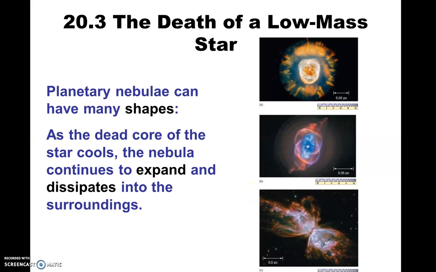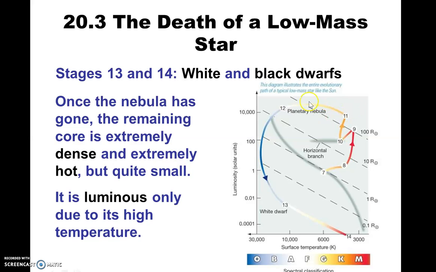All right. So anyhow, during the planetary nebula stage, that is stage 12 here, the material is leaving the star and going out into the interstellar medium, and so the star is physically getting smaller.